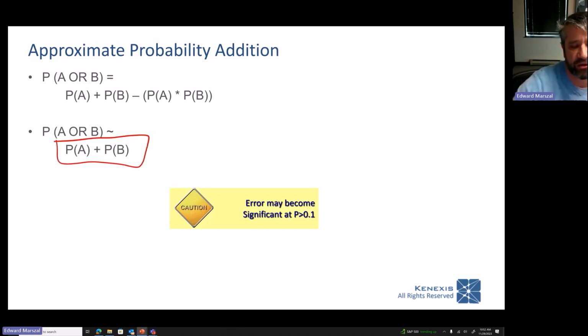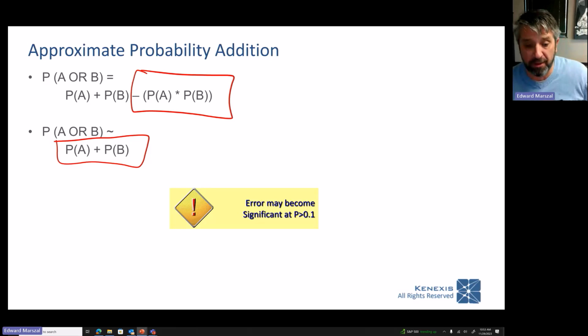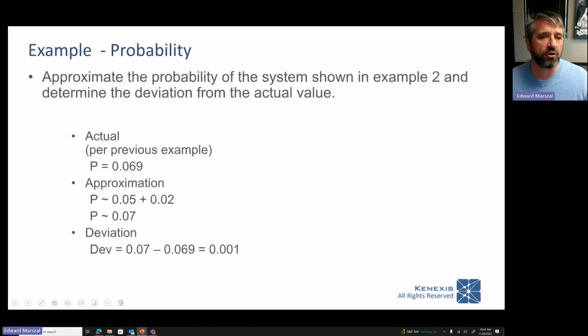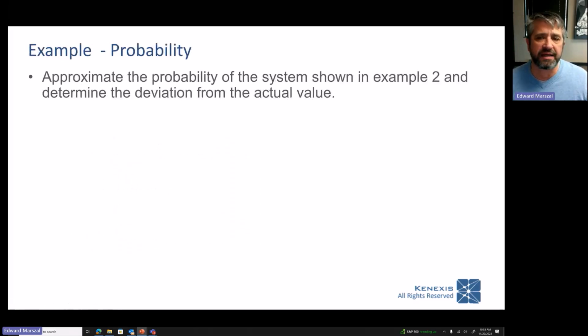You are just going to add your probabilities together if you have a logical OR. So the probability that a valve will fail or a switch will fail, you just add their individual probabilities together, and that's usually close enough. This little bit on the end that says, well, they could both be in the failed state at the same time, is generally negligible at the very low probabilities that we're using when we're doing SIL verification calculations. Okay, so that is probability addition.